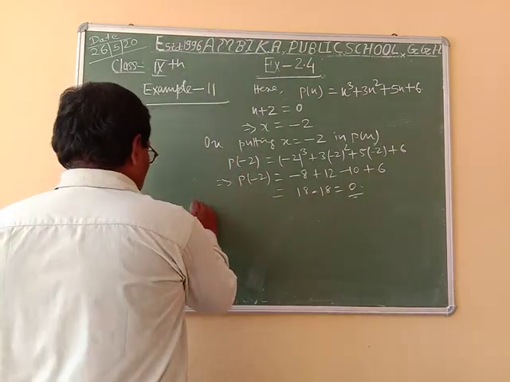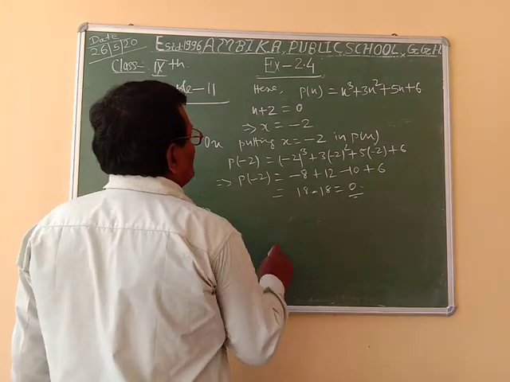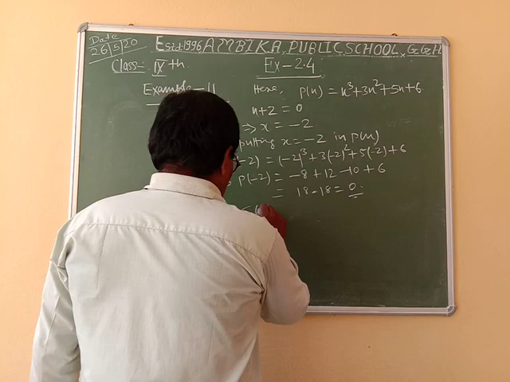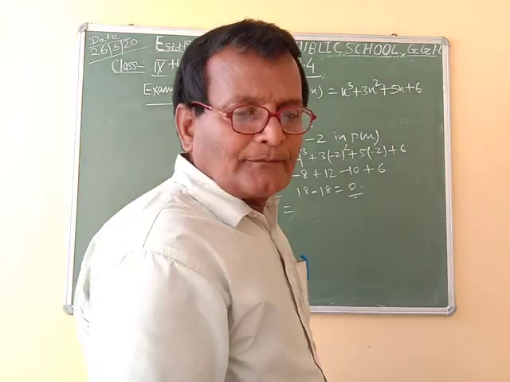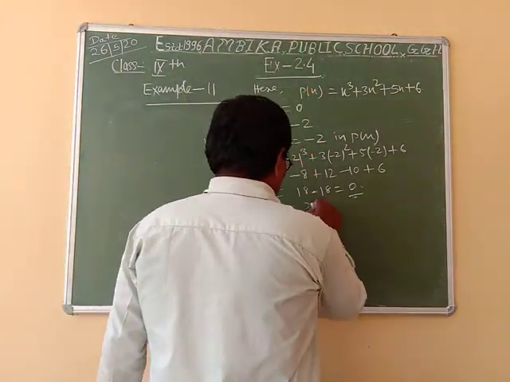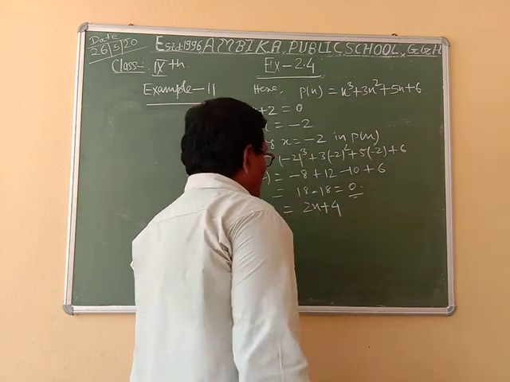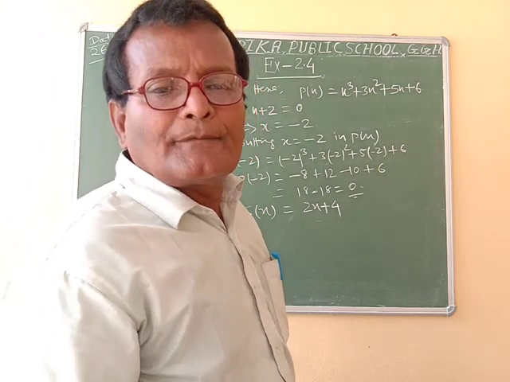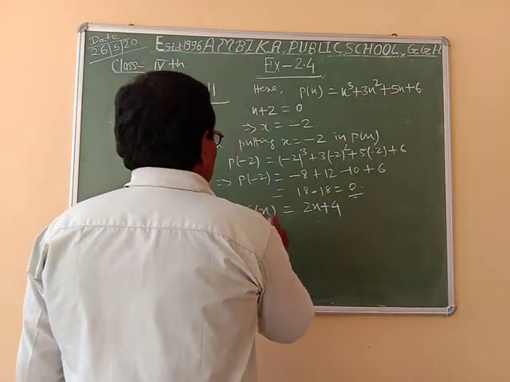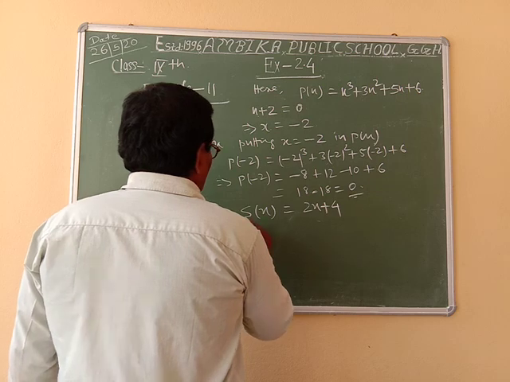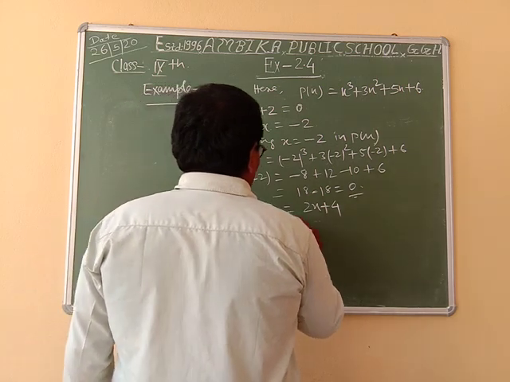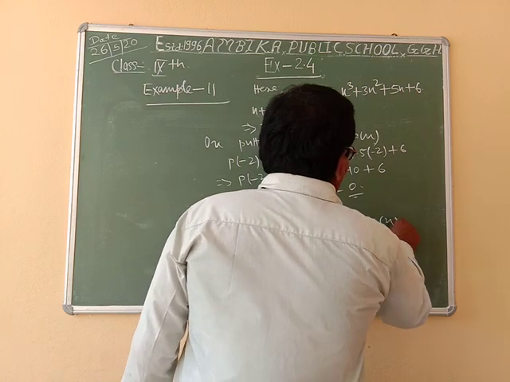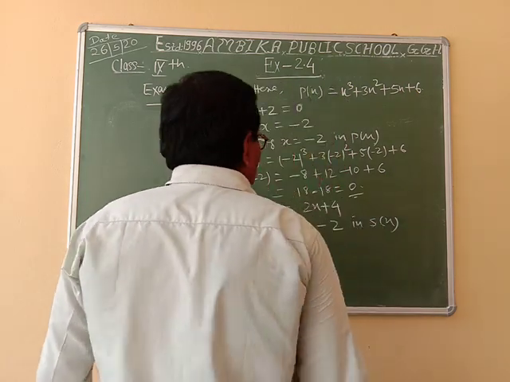Also Sx is equal to 2x plus 4. Putting x equal to minus 2 in Sx, Sx is another polynomial.